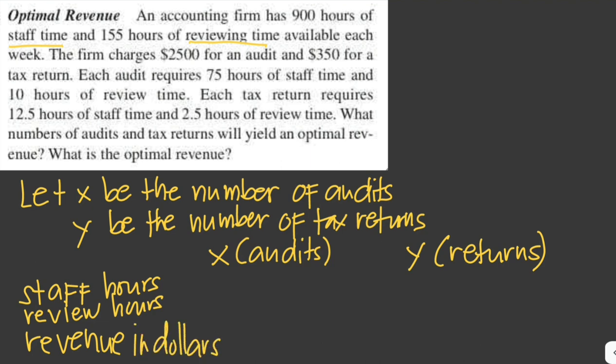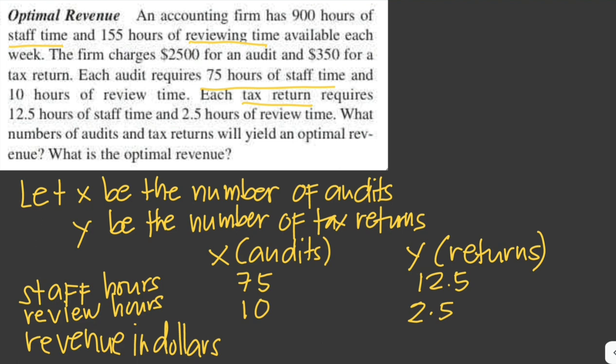All right. So for audits, it says here each audit requires 75 hours of staff time, so that would be 75 hours, and then 10 hours of review time. And then for tax return, it requires 12.5 hours of staff time and then 2.5 hours of review time.